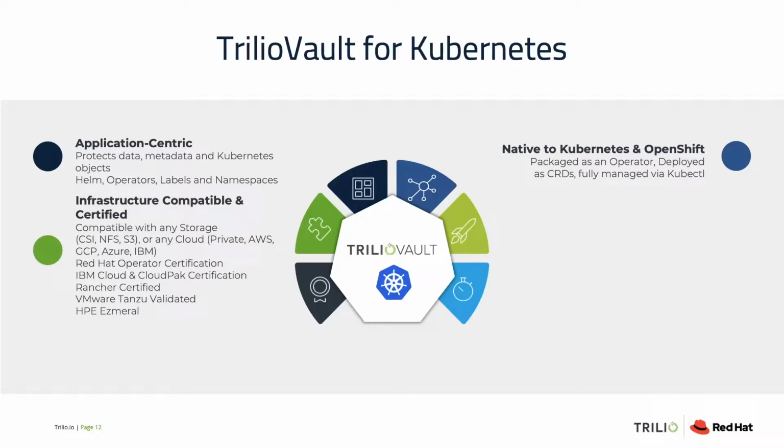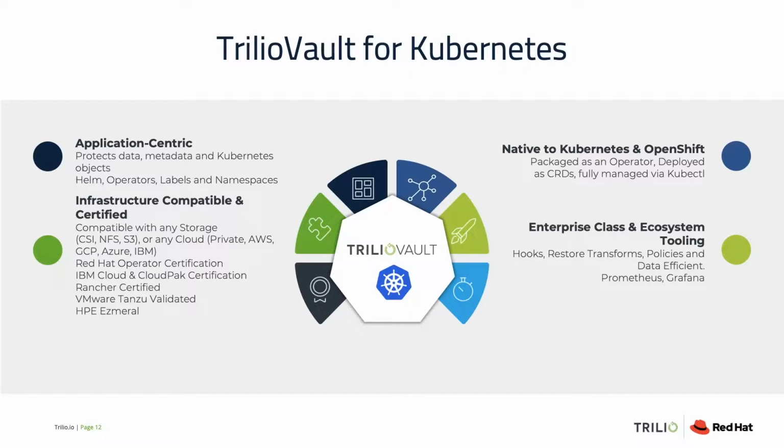Considering we are cloud native and we build according to CNCF standards and work across CNCF distributions, you can run TrilioVault in any cloud against any distribution as well. And we continuously ensure that the product goes through multiple certifications through Red Hat and IBM to make sure that we are putting our best foot forward and providing that peace of mind to customers as well.